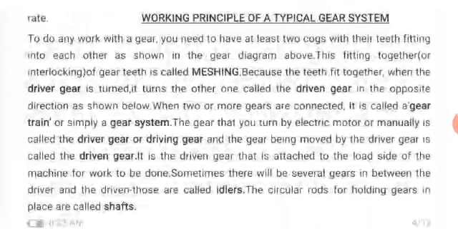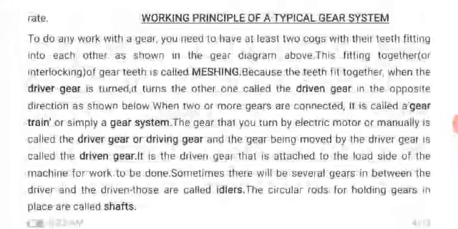The driver gear is the one that is attached to the electric motor or to the prime mover, because the driver gear cannot be moving itself. But when the driver gear is being moved, it now moves the driven gear, but in the opposite direction.